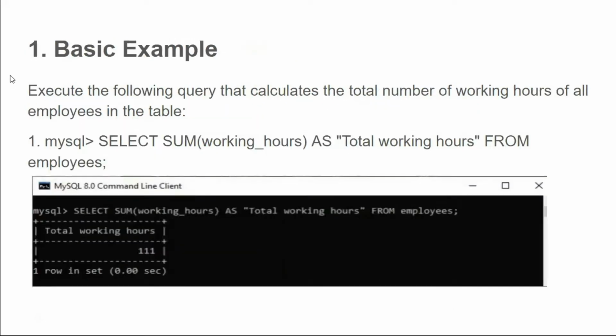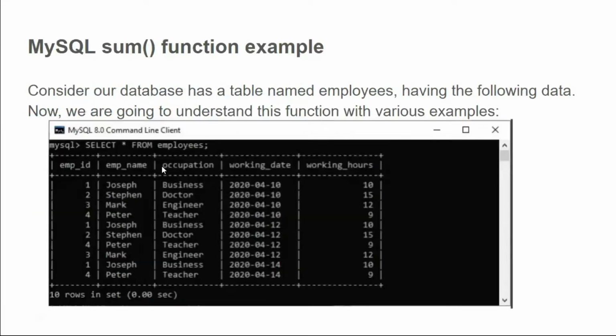The first query is: execute the following query that calculates the total number of working hours of all employees in the table. Here you can see the working hours, and you have to add the working hours of all the employees.